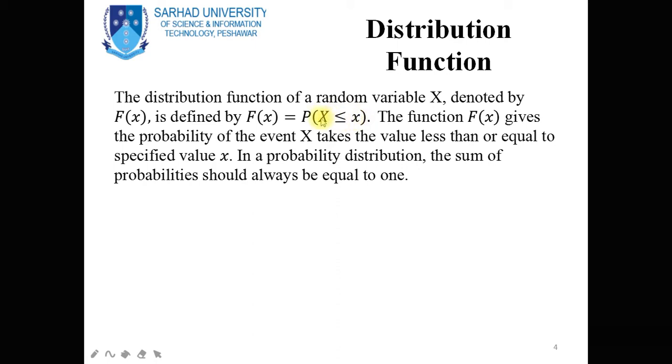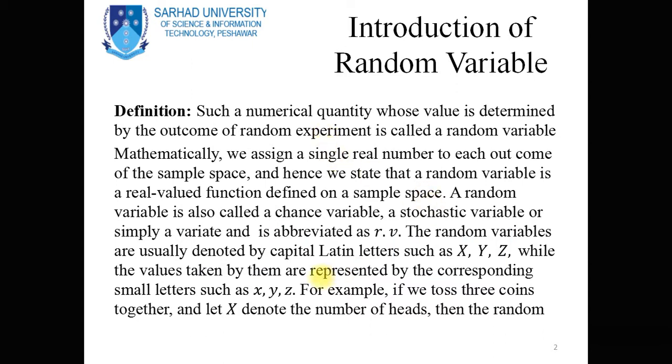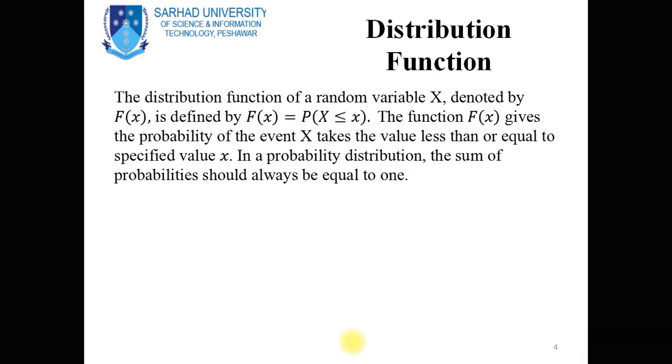And I already told you that the capital letters X, Y, and Z denote the random variables, and the values of these random variables are represented by the small letters x, y, and z. So this is the probability of the random variable being less than or equal to x. This small x represents the value of the random variable, and this capital X actually describes the random variable.